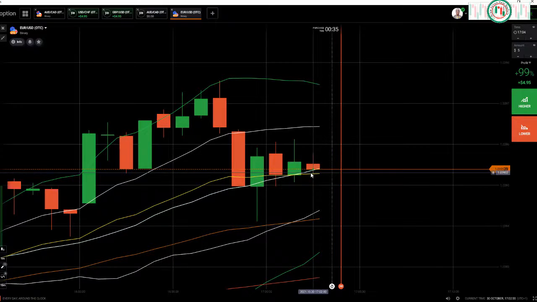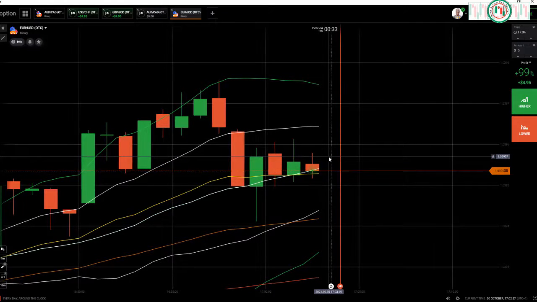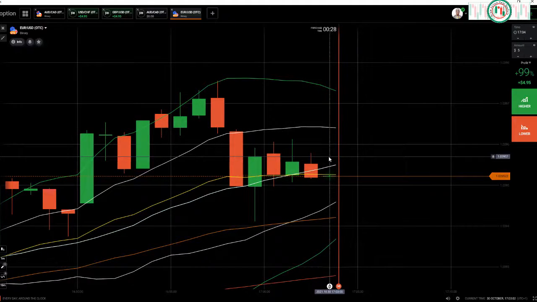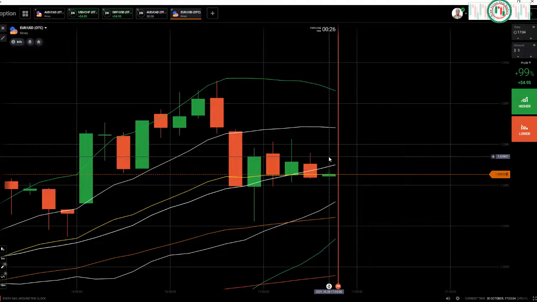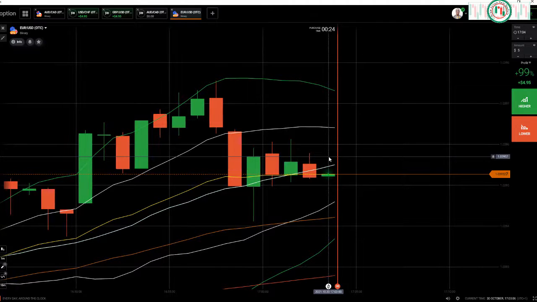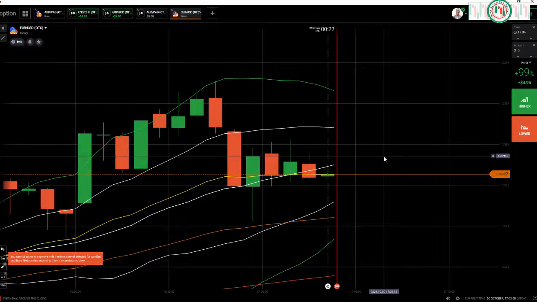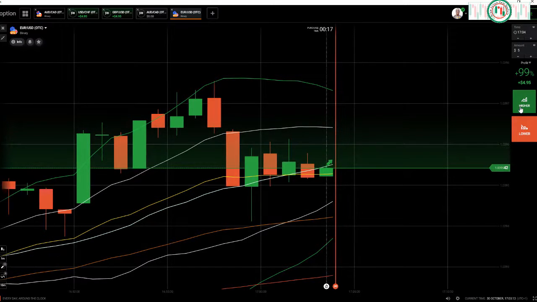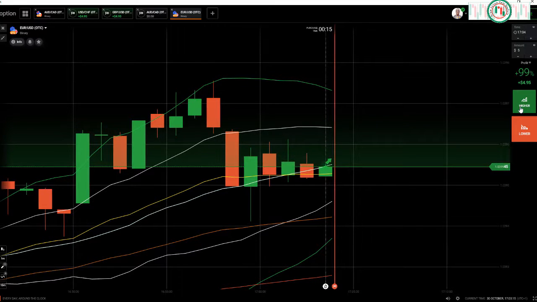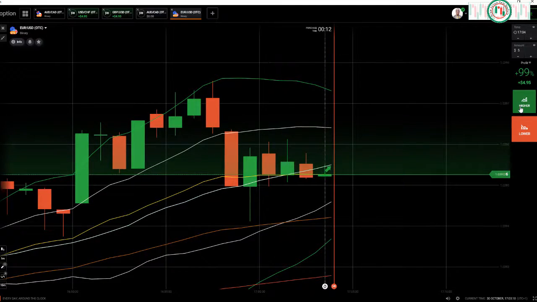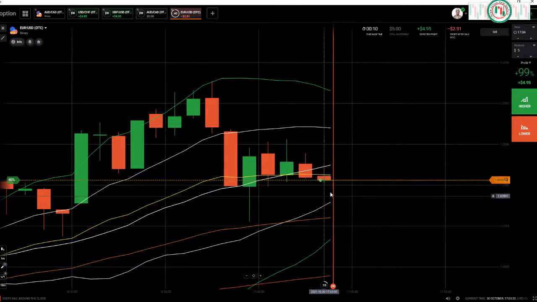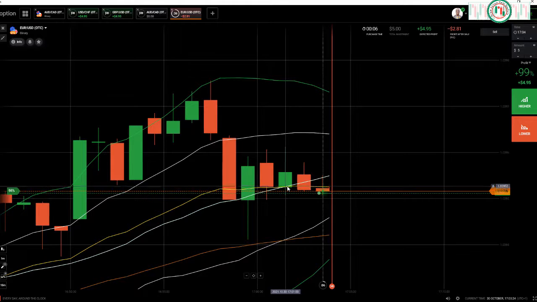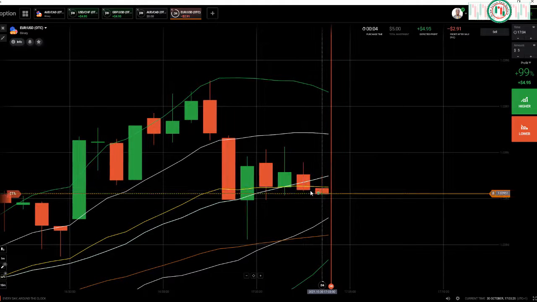See, yes, I will place a call option if I get lower. Yes, I place a call option. Very nice entry point. Even though this is an engulfing candle, it will not work.